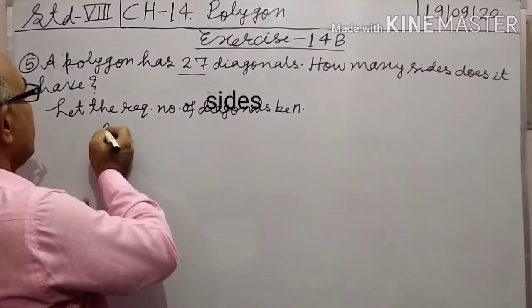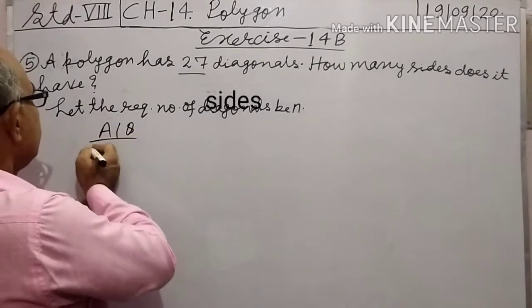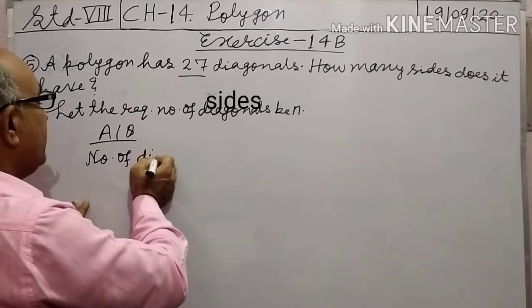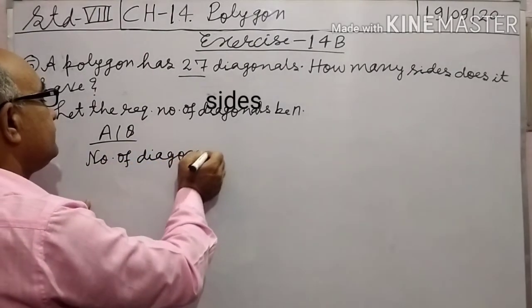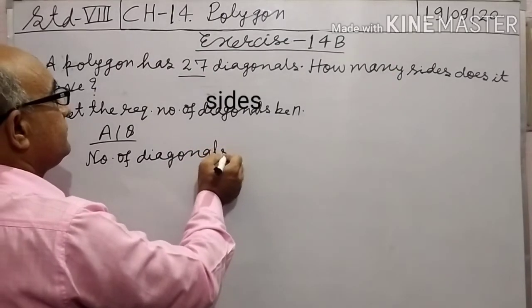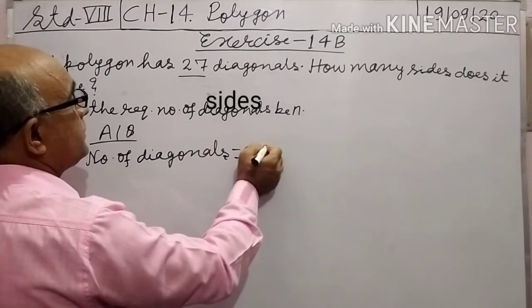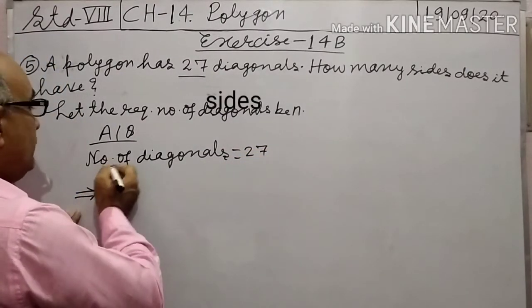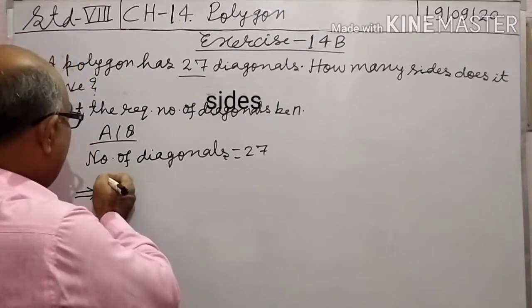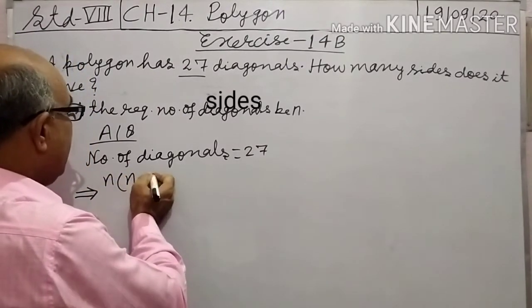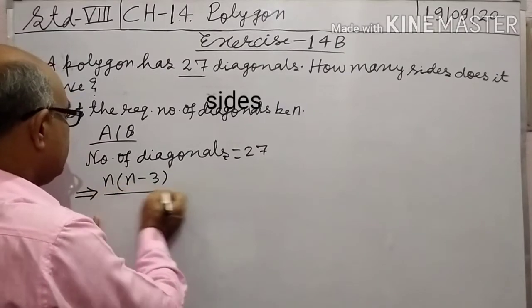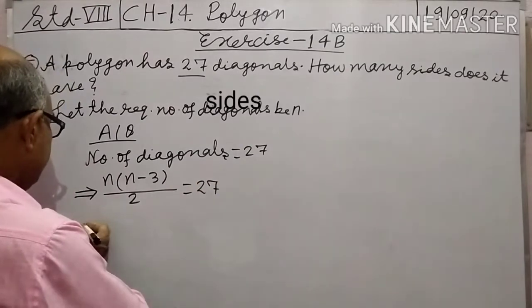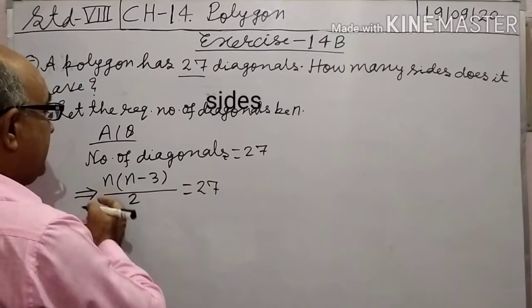According to the question, the number of diagonals equals 27. That implies the formula n into n minus 3, by 2, equals 27.